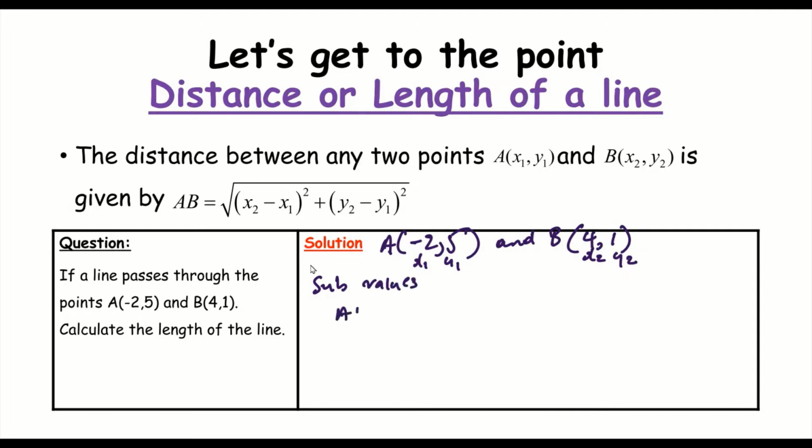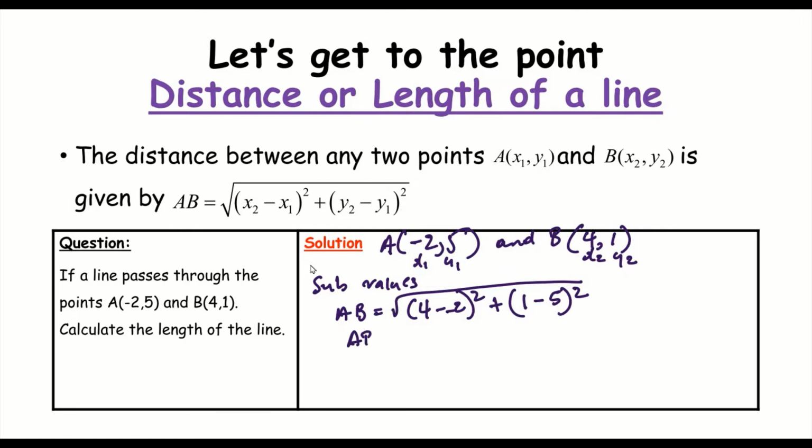So we now have AB is equal to the square root of x2, which is 4, minus x1, which is negative 2, all squared, plus y2, which is 1, minus y1, which is 5, all squared.